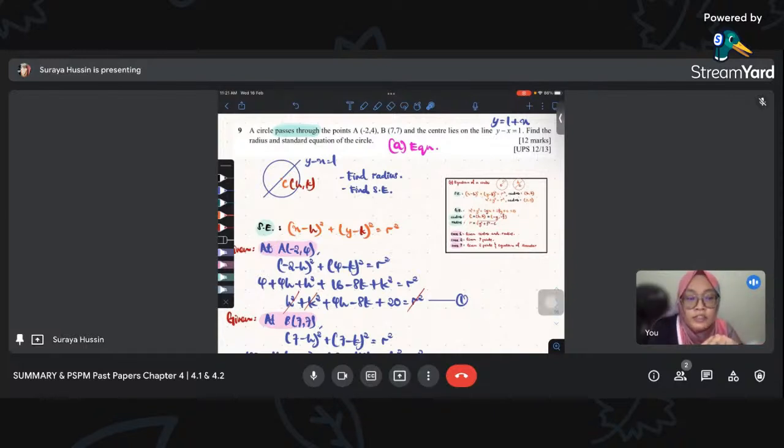Oh, saya ingatkan ramai yang guna GE. So Alicia also using standard equation. Okay everyone. Ramai yang guna standard equation. Thank you for the response. So standard equation dekat sini. So this is your formula.